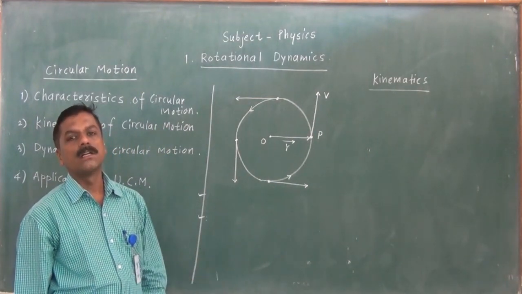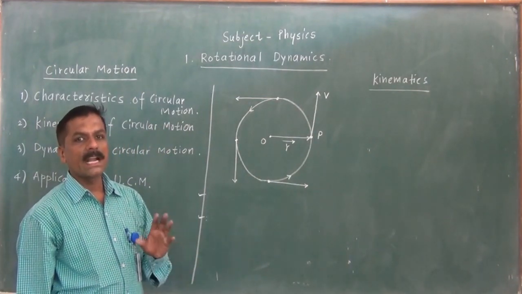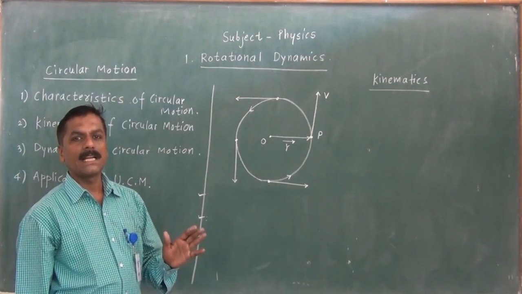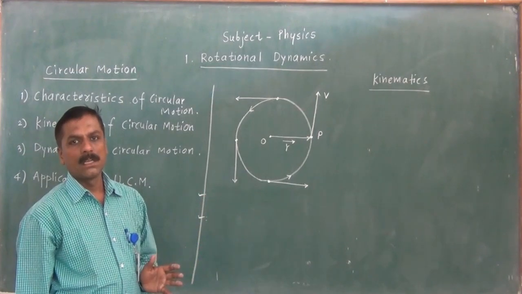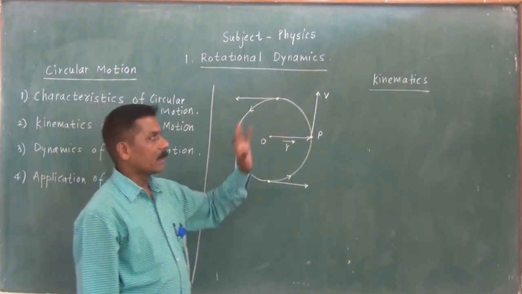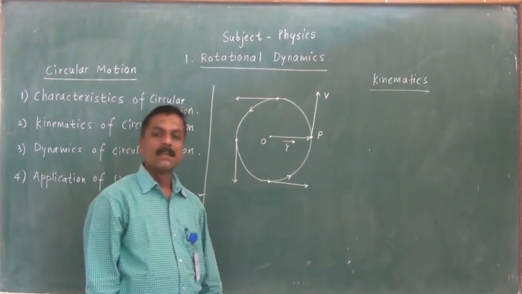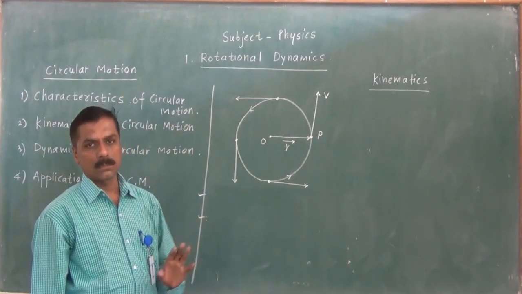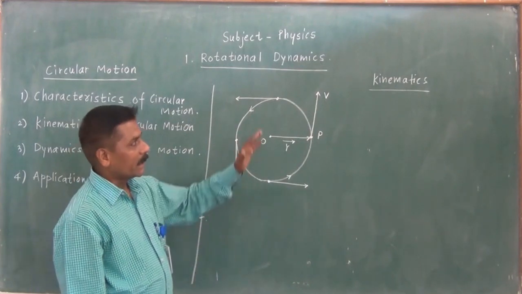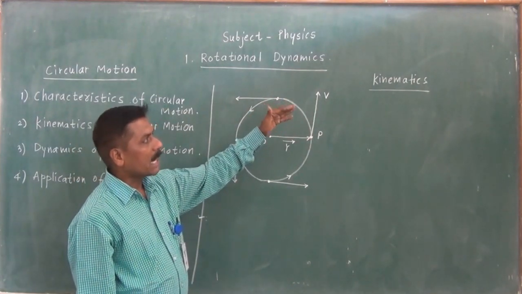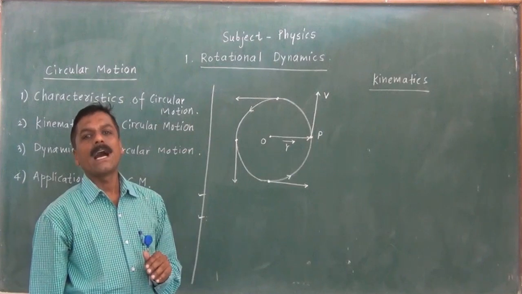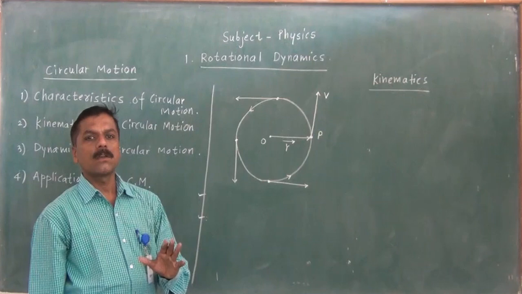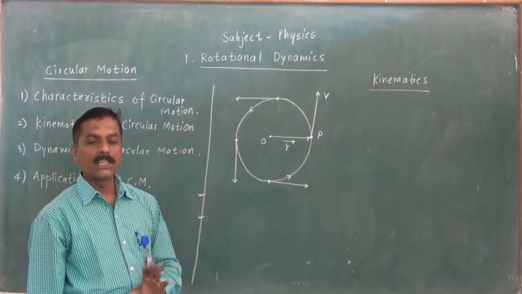In the last lecture, we saw the kinematical equations for linear as well as circular motion. If you observe these equations, you will find there is no term related to force.